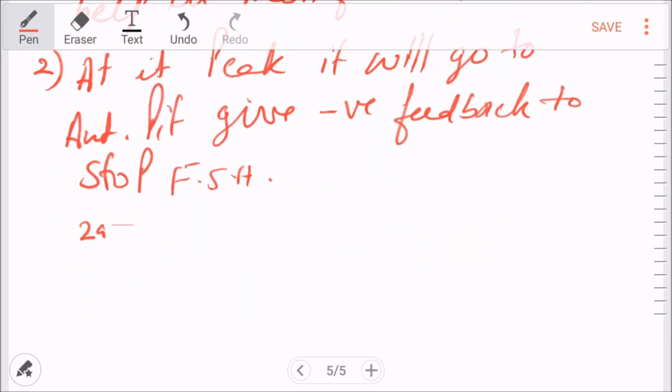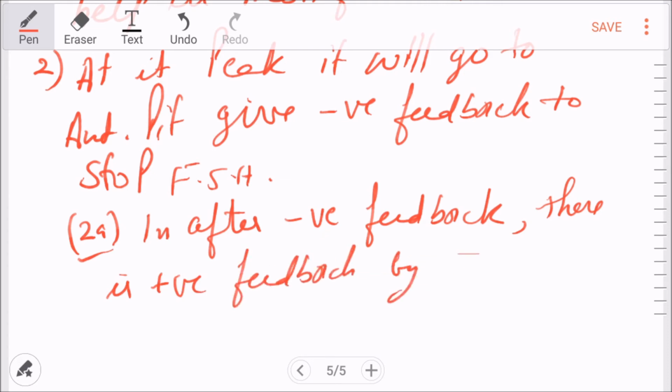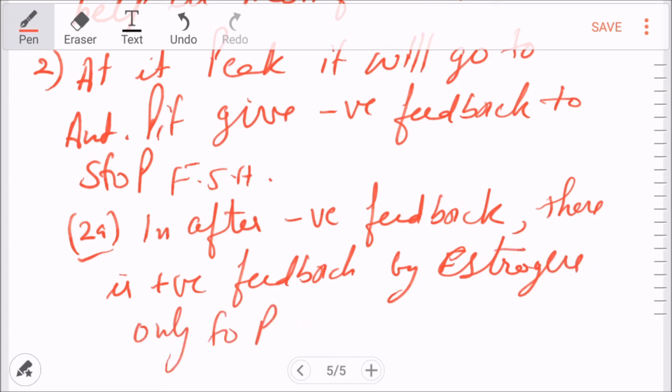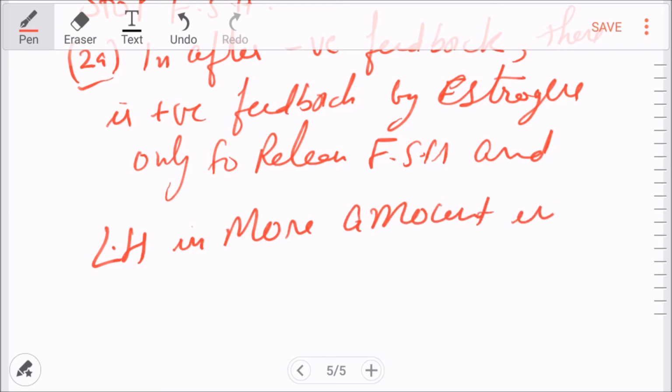After this negative feedback, there is positive feedback by estrogen, sorry, not FSH, and only to release FSH and LH in more amount in mid of cycle.